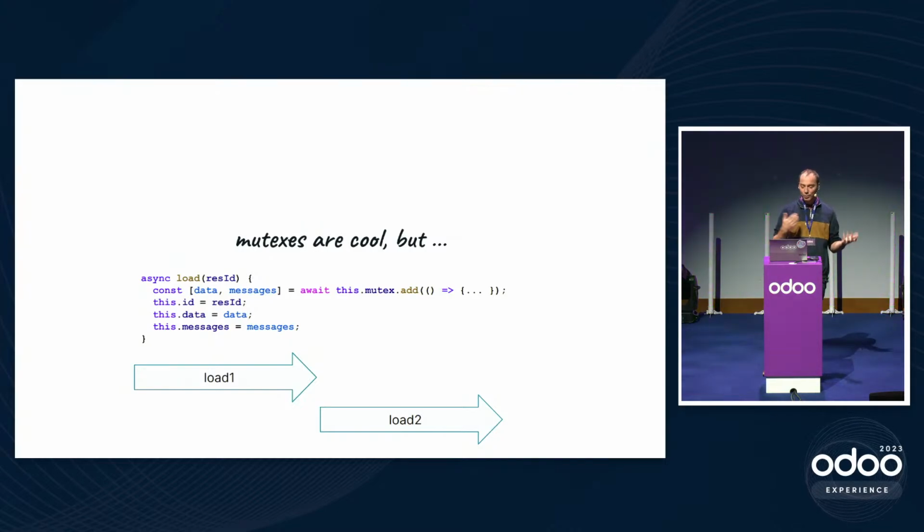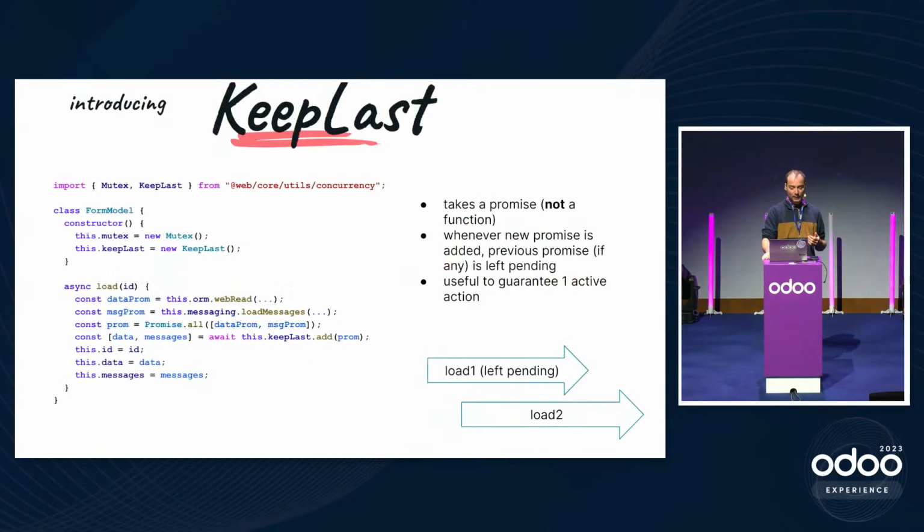If you do that, you will see that, of course, those load operations are sequential, and that's most likely not what you want. If the user is clicking next quickly, you want this operation to complete faster, and you want to basically ignore the first load operation and send the second load much quicker. To do that, I want to introduce you to the keepLast concurrency primitive, which is imported from the same location as the mutex.